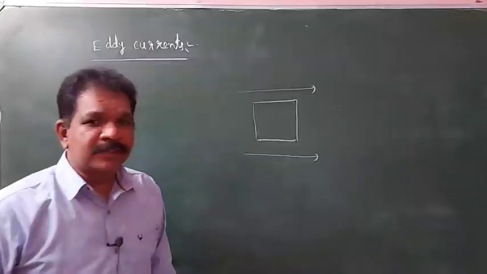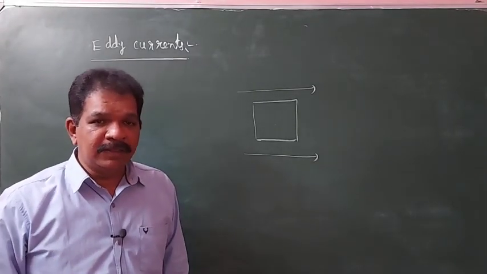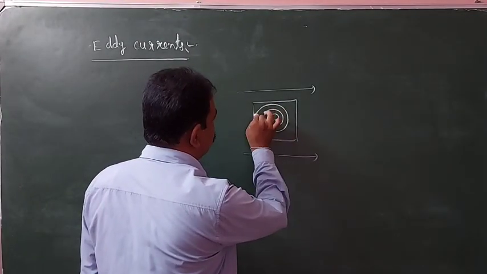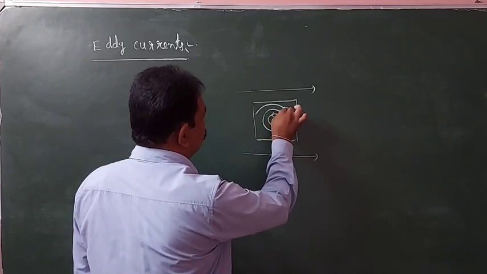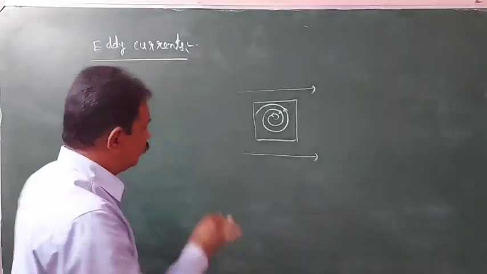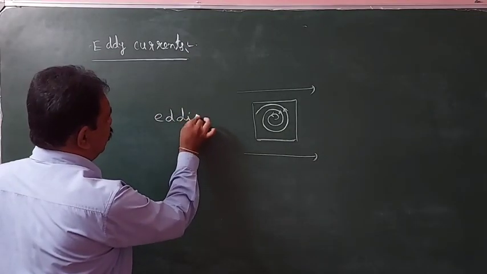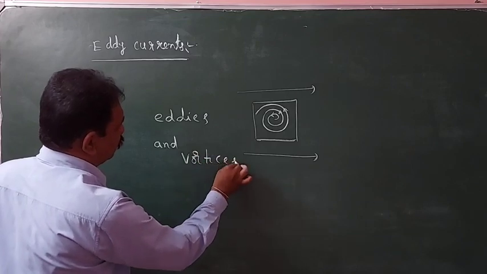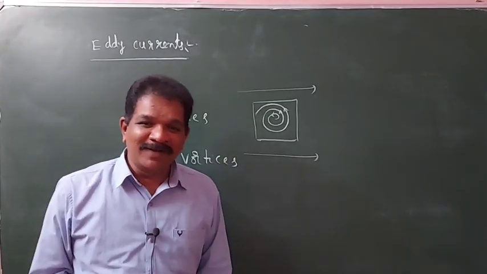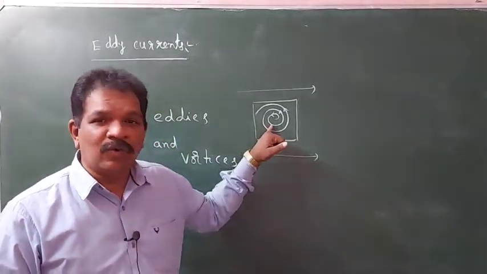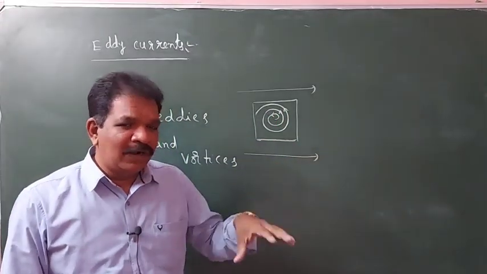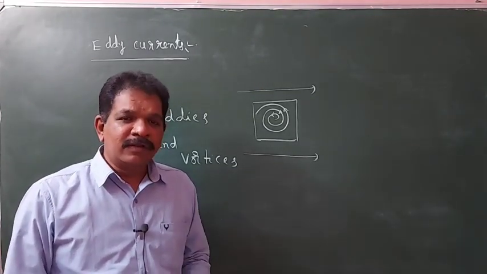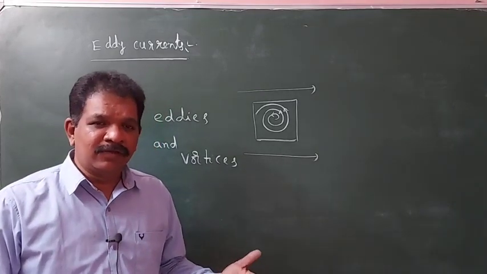Then what happens in this? Currents will be generated. Those currents will be in the form of circular loops, that is, in the form of eddies. In water, eddies and vortices will be formed. Means water will be circulating in some place in a river or in the sea.